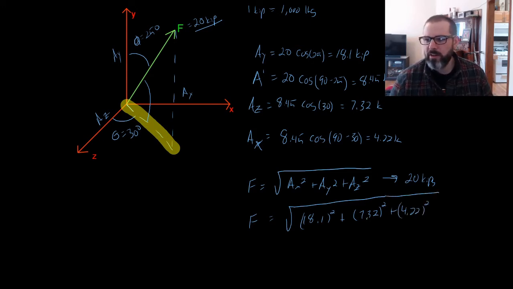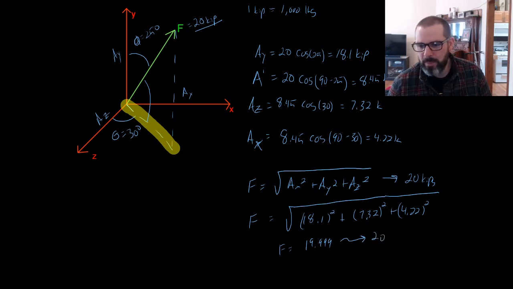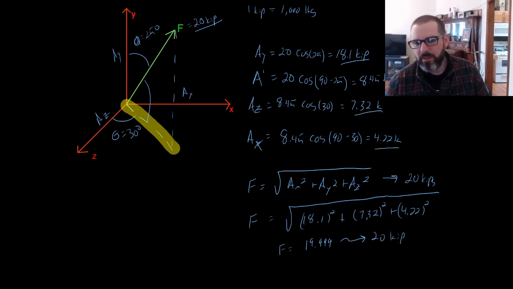And if I do all that out, I find that the force is equal to about 19.999, which is close to 20. So we did a good job finding our AY, AZ, and AX. But realistically, the first thing you want to do if you're presented with a force with an azimuth and a transverse angle is get it into rectangular coordinates, because they're much easier to work with.